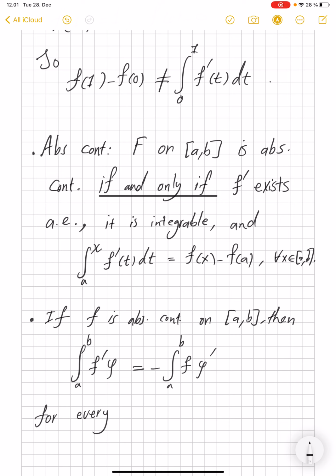So this is the integration by parts formula, except that there are no boundary values, and that is taken care of by saying that phi is compactly supported.